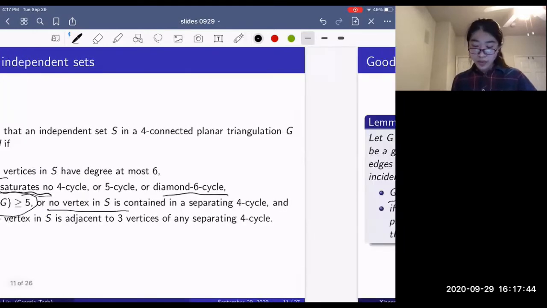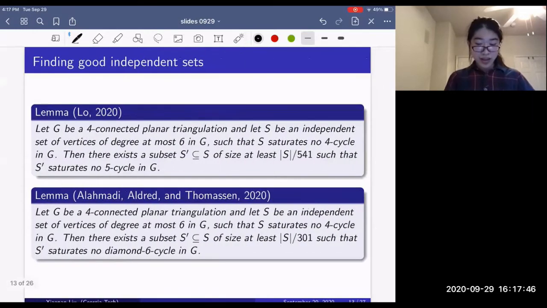So if we want to do this one, look at these two lemmas.